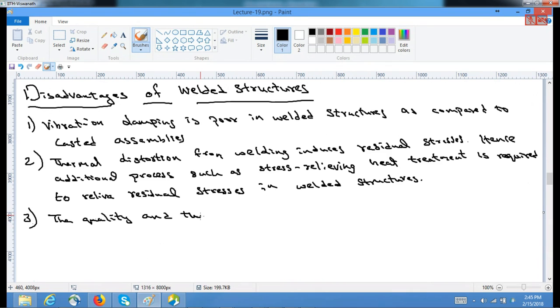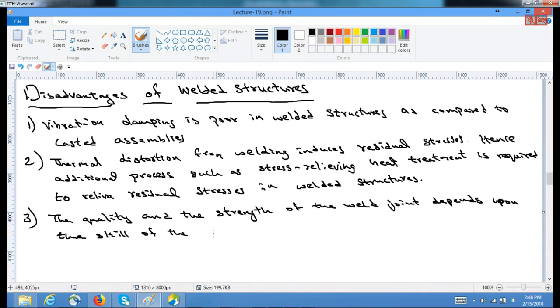Next, the quality and the strength of the weld joint depends upon the skill of the welder, especially for large structures.